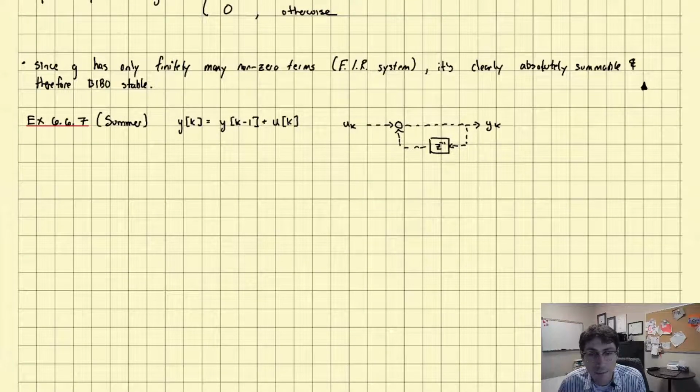It's just adding up the previous value, all the inputs. Now, if you think about the discrete time summer, this is very much like integration, right? That's what integration is doing in the limit. It's adding up all these values of the input. And so indeed, this summer is the discrete time analog of the integrator. We know that the integrator is not BIBO stable because if you feed it a step, it produces a ramp. Let's see if that happens here.